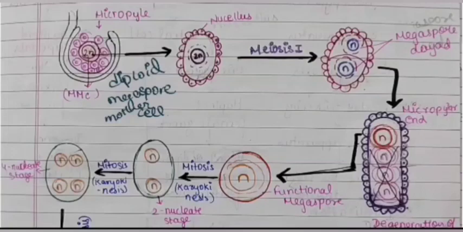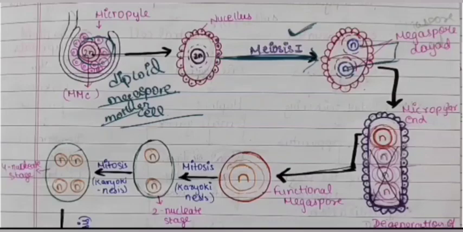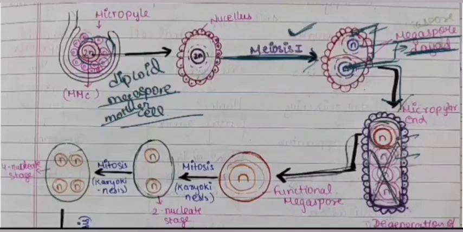So now in the nucleus of the megaspore mother cell, meiotic division takes place. Meiosis I results in the division of the nucleus and forms a megaspore dyad. Then it divides again and forms four nuclei, out of which three degenerate and only one remains, the functional megaspore.